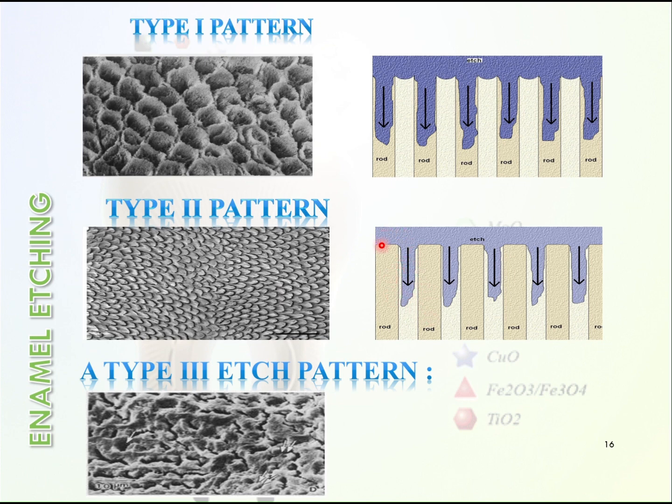When it is entering between the rods, the interrod substance is getting involved in etching of the enamel. Then the type 3 pattern is haphazard. It is not like type 1 or type 2 and is not any pattern. It is just an irregular surface which is formed.